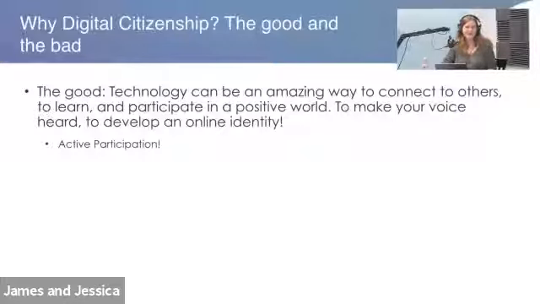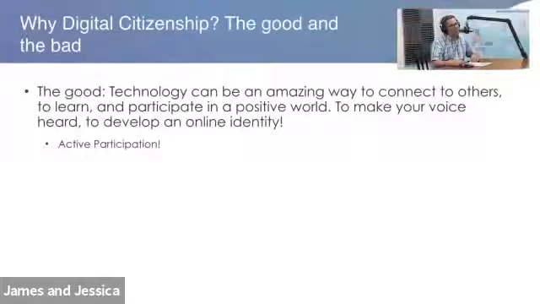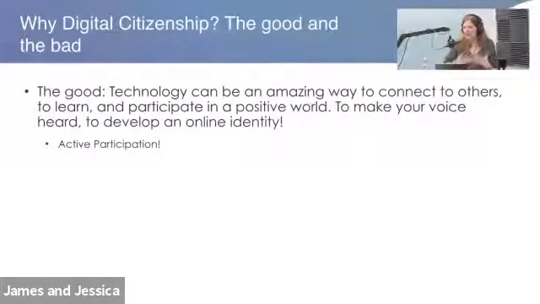So then we also get into why digital citizenship, the good and the bad. First of all, there's a lot of good with technology, and we have to understand that, especially in the world that we're living in right now. If it wasn't for technology, we would not be on this, speaking to you and the audience out there. It helps us to participate in this positive world, and it allows us to create this online identity.